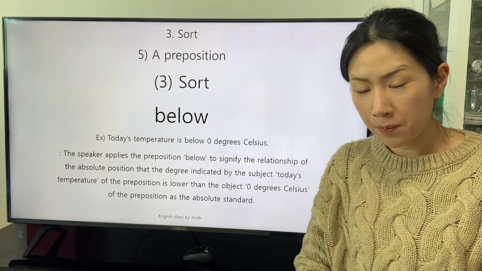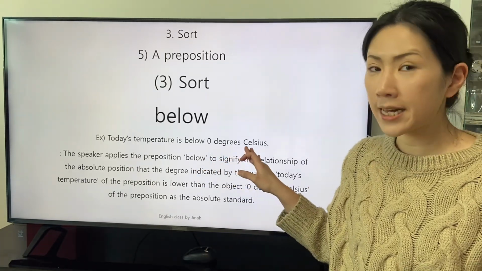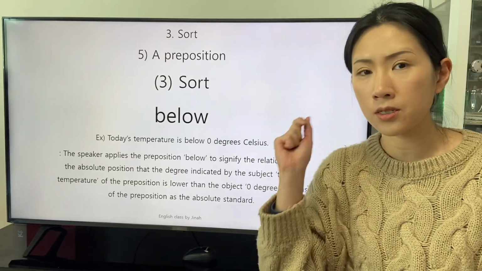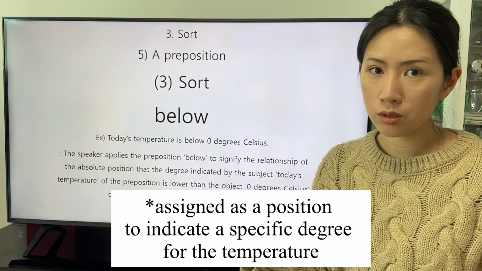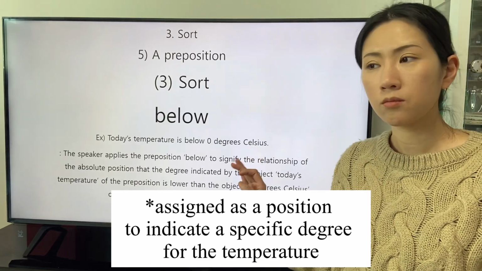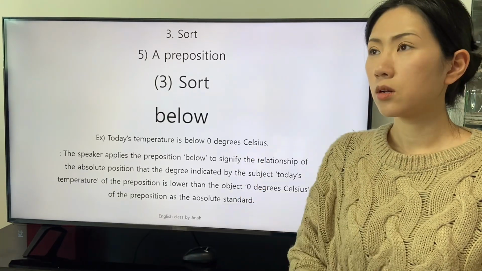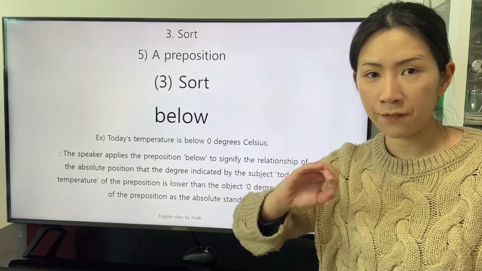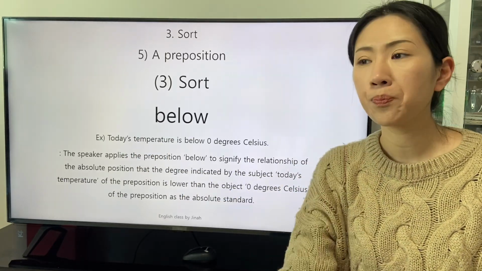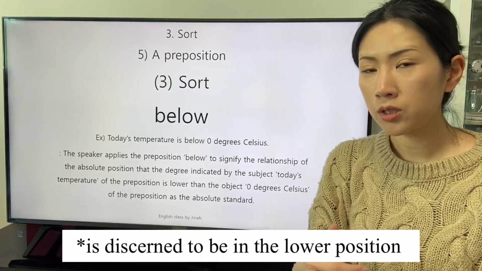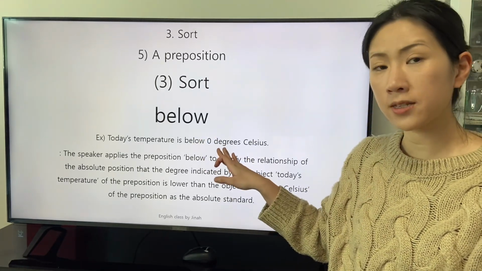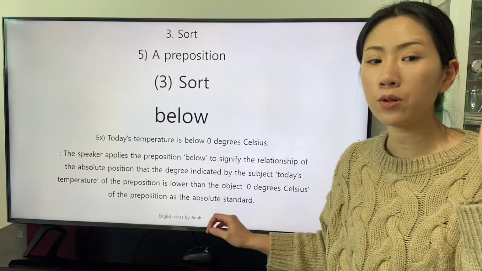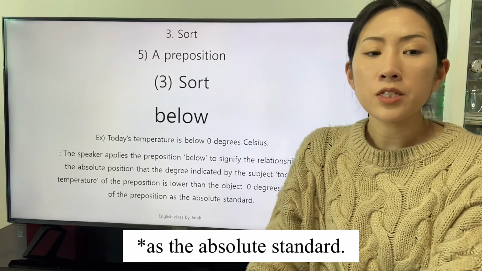The object of the preposition, 0 degrees Celsius, is known as the standard to discern the temperature. The subject of the preposition, today's temperature, is compared to the object of the preposition, 0 degrees Celsius.